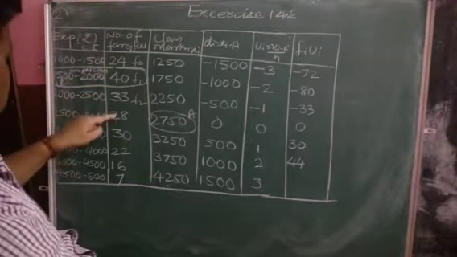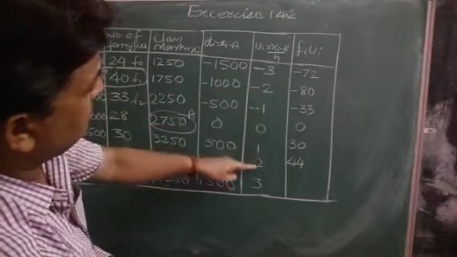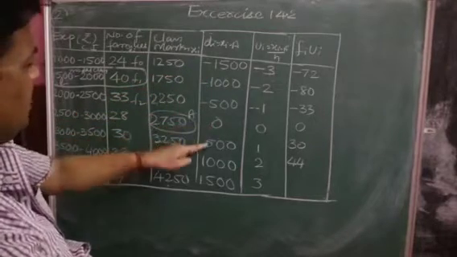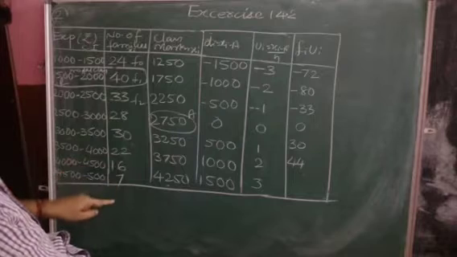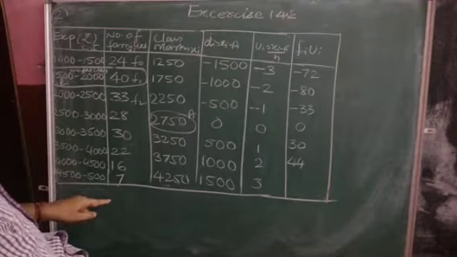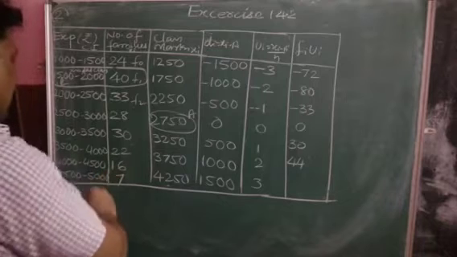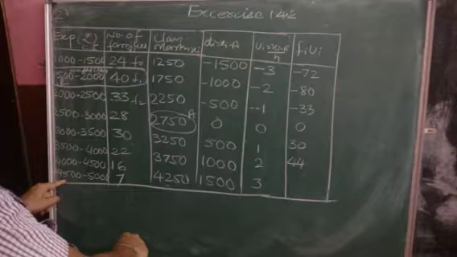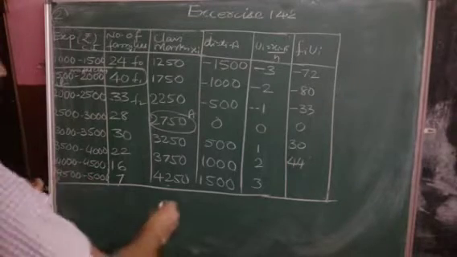Something left. 4500, 5000, 9500, 9500, 9500, 4750.